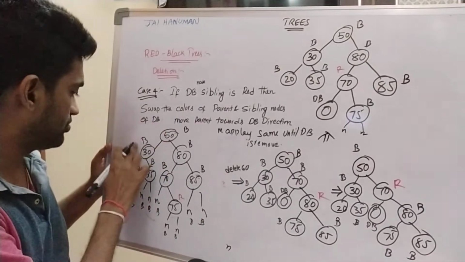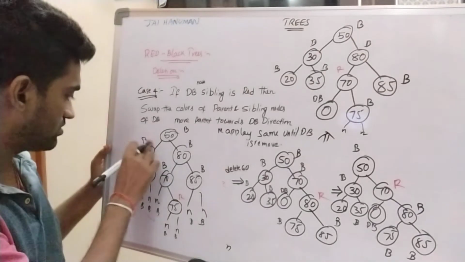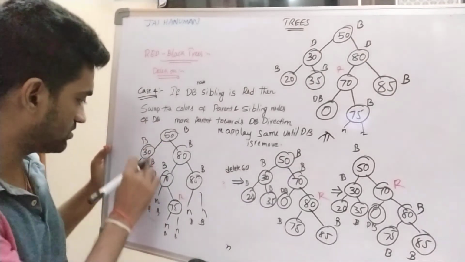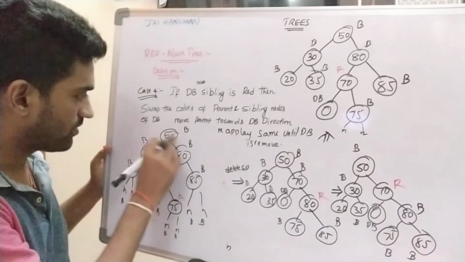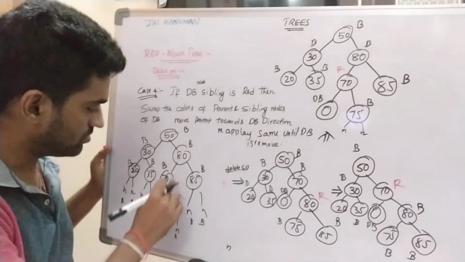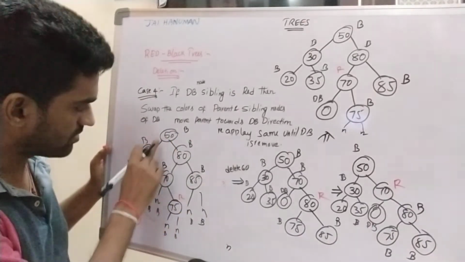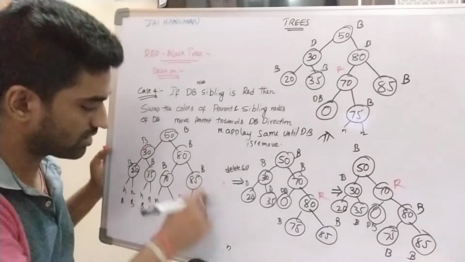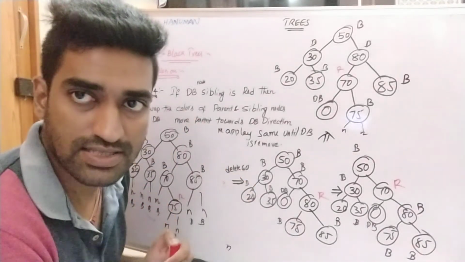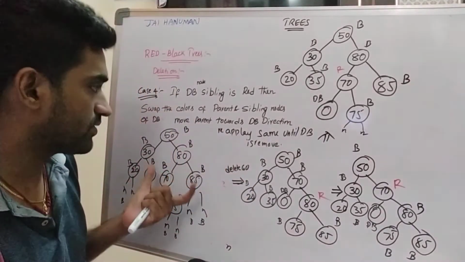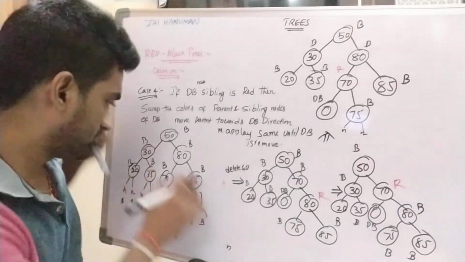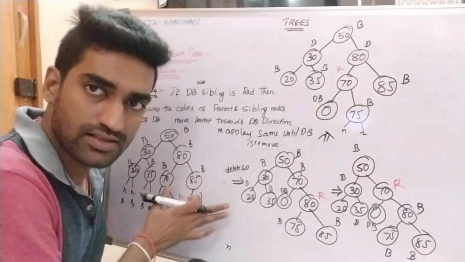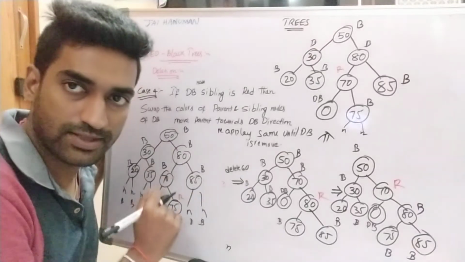So 1 2 3 4 on every path. So that property is also satisfied. So after deleting 60, the newly generated tree also satisfies all the properties of red black tree, right?